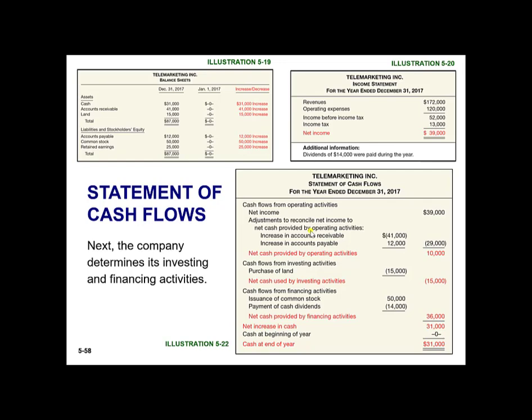So net cash provided by financing activities is $36,000. You have zero cash at the beginning of the year, so that will give you cash at the end of the year of $31,000. So we've gone through the operating activities, the investing activities, and the financing activities.